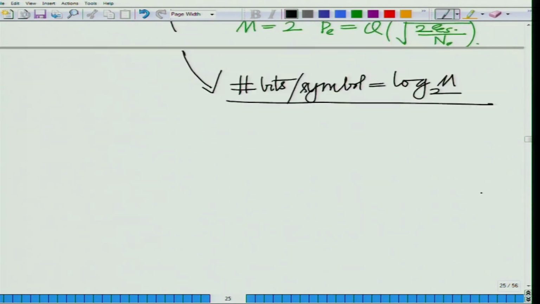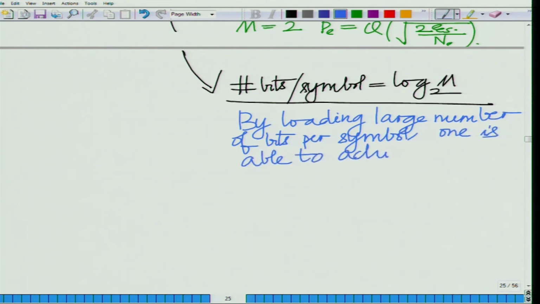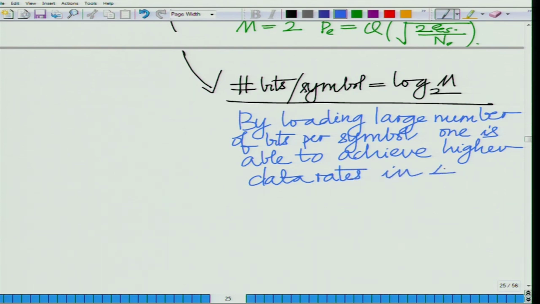By loading a large number of bits per symbol, rather than simply 1 bit per symbol, one is able to achieve higher data rates in, for instance, 4G and 5G.